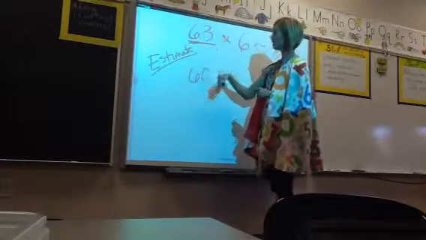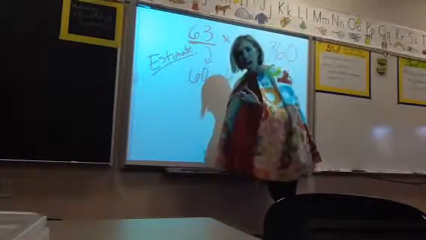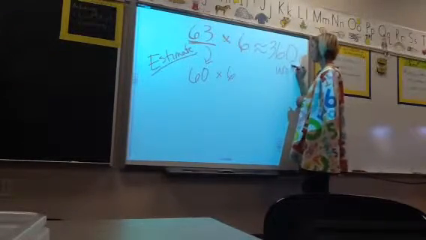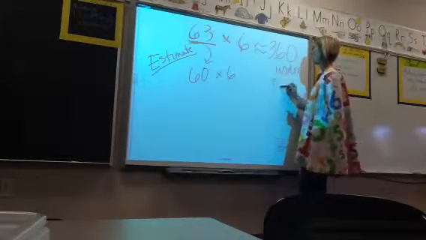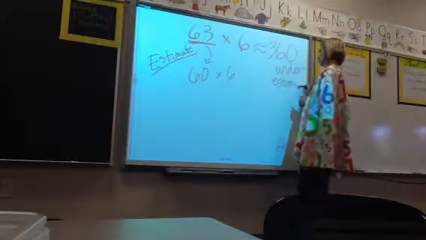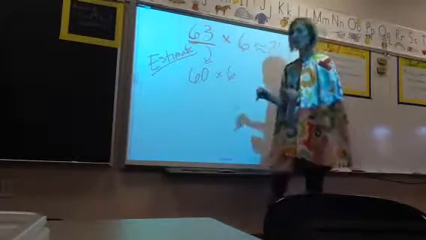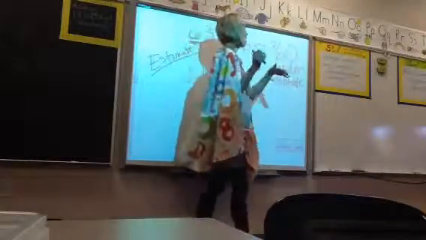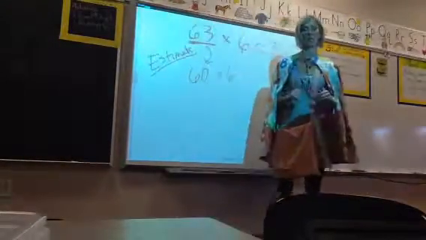Well, 63, we took it down, meaning that this is going to be under, because we took it down, an underestimate. So my actual answer should be a little more than that, because this is under what the actual answer should be.